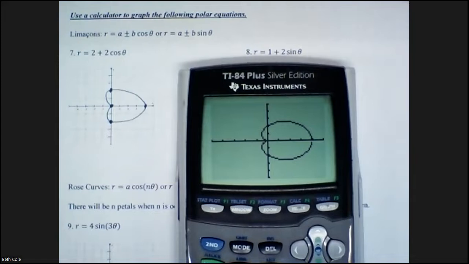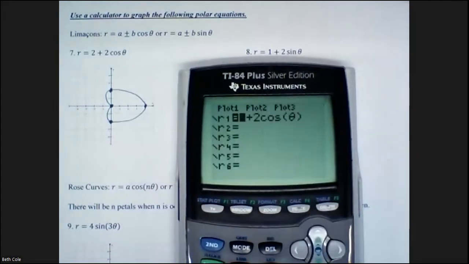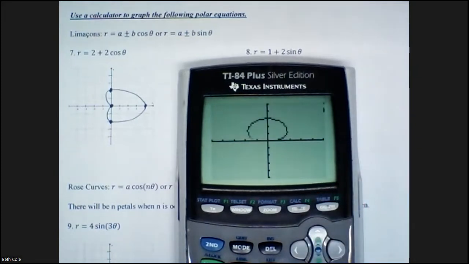Now let's try the next one. Go back to y equals, except it'll say r equals. Clear that out. And you're going to type in number 8, 1 plus 2 sine theta. And then hit graph. We already have our window set up, so just hit graph. Isn't that one neat? What do you think that one looks like?